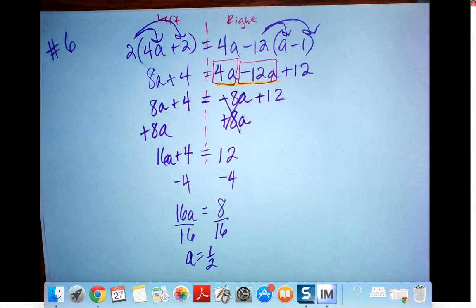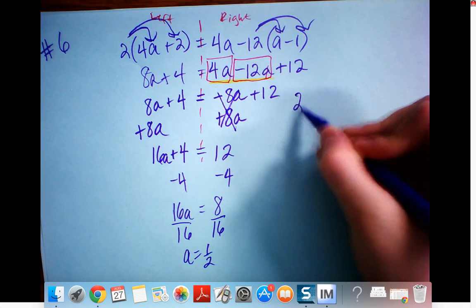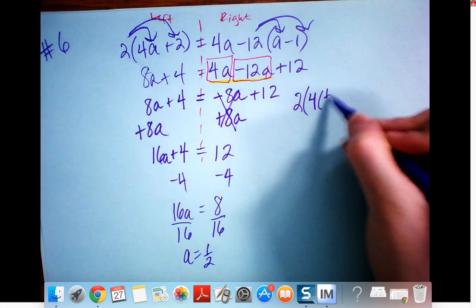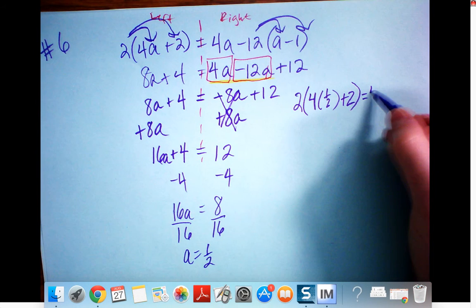Like if you have 1/3, which is 0.3 repeating, well, that 3 repeats on and on forever. So instead of putting 0.33 back into a problem, you would need to put 1/3. Now 1/2, we know that's 0.5, but we need to get in the habit of using fractions to substitute back in.